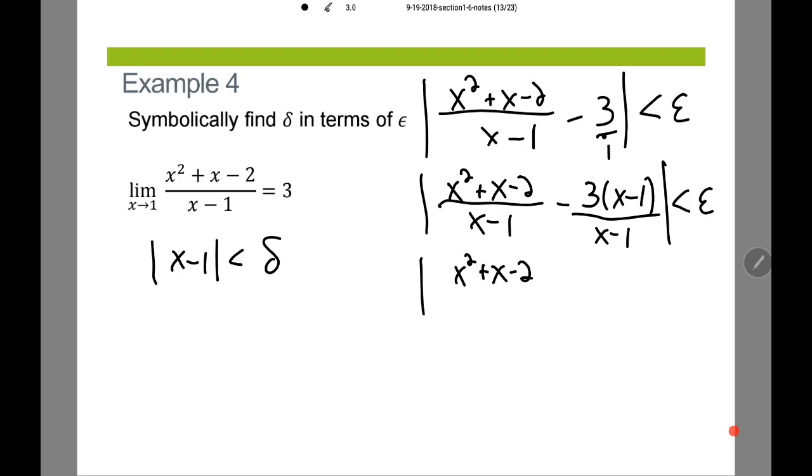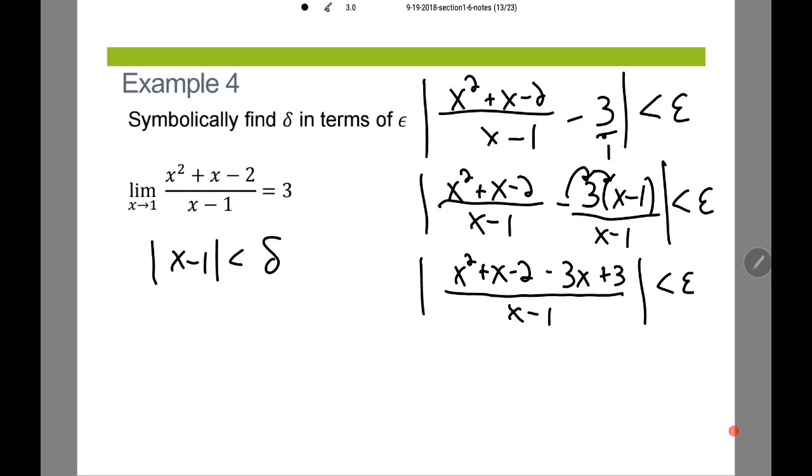Once I do that, I've got x squared plus x minus 2, and then that's going to be minus 3x. So minus 3x. And then I'm going to take minus 3 times -1 and get plus 3.